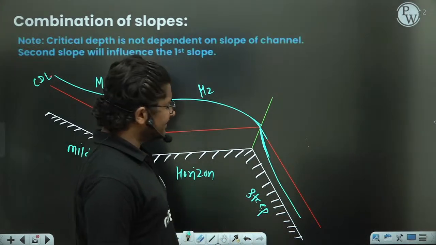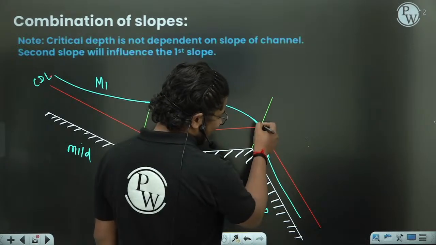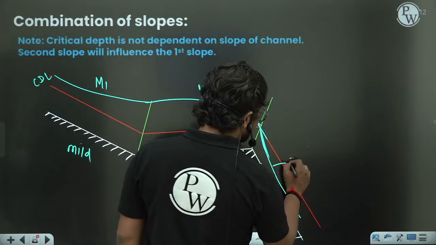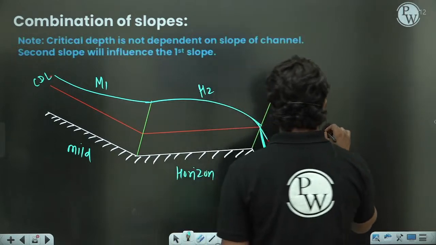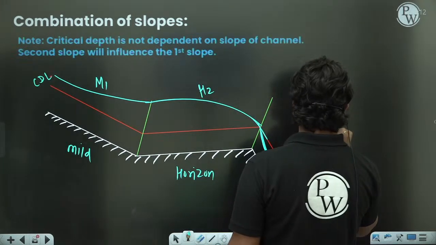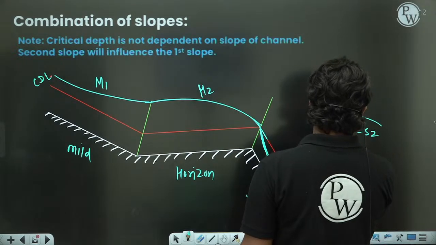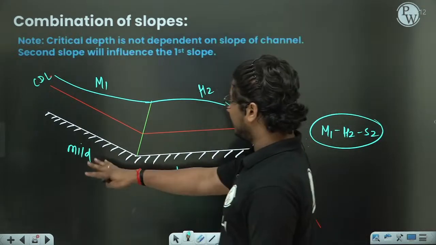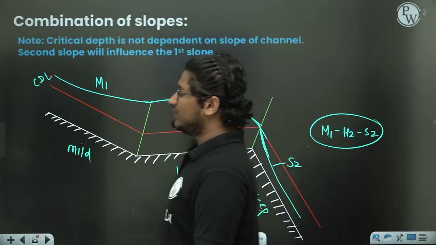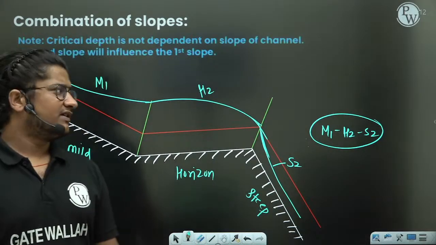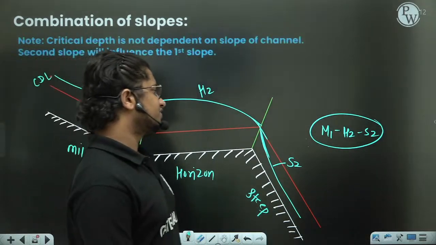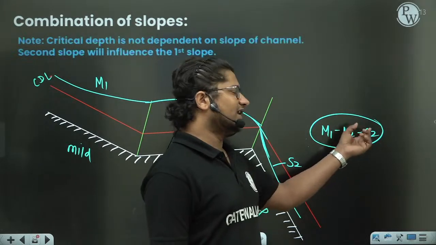You already know this part. In a steep slope the falling profile is only S2. So what will be the right answer? M1, H2, S2. For a combination of mild, horizontal and steep, the correct combination we can form is M1, H2, and S2.